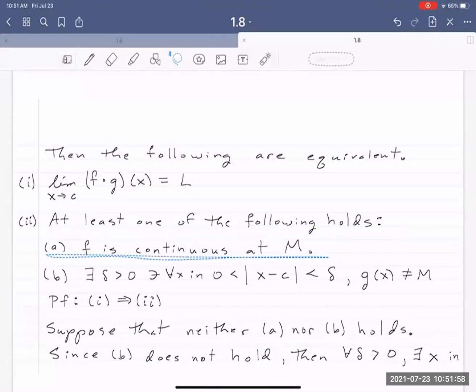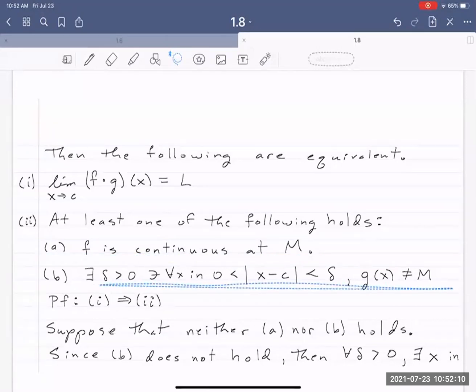A, f is continuous at m, which is the statement of the previous theorem. Or B, here's the other statement: there exists delta greater than 0 such that for every x satisfying 0 less than |x minus c| less than delta, we have that g(x) is not equal to m.